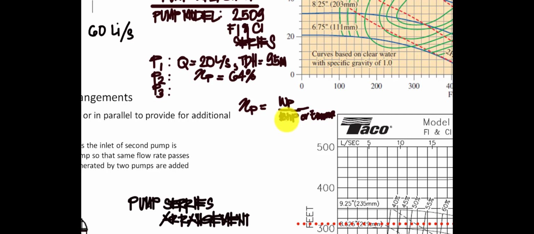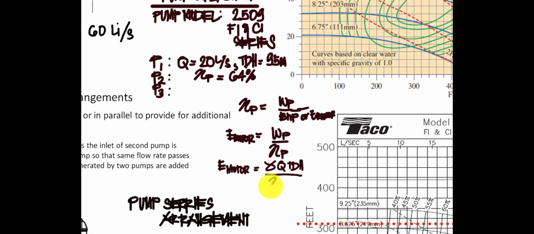So the E motor, or the power generated by the motor, will be the water horsepower divided by the pump efficiency. For the water horsepower, that will be specific weight times the volume flow rate times the total dynamic head, then divided by the pump efficiency.